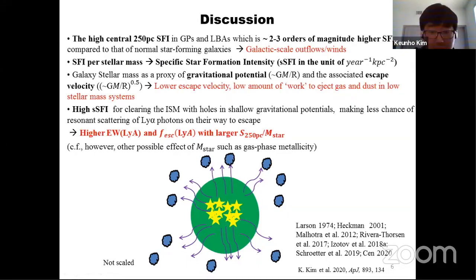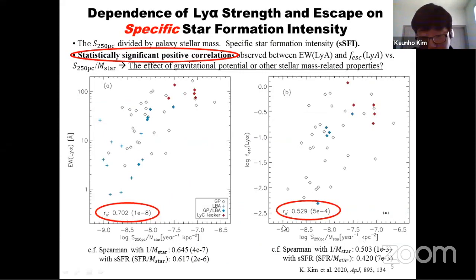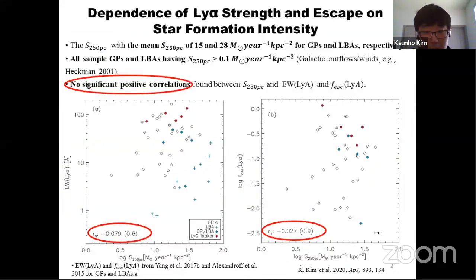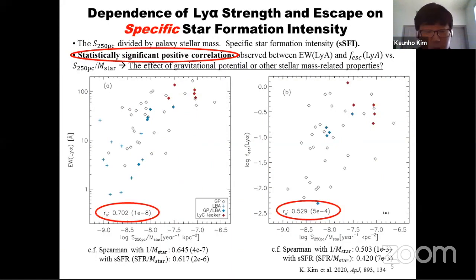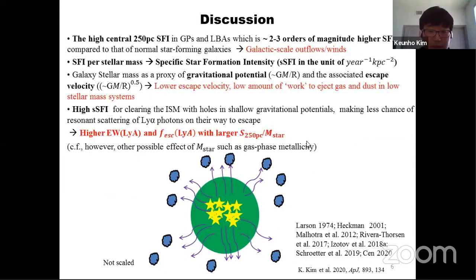But when we consider the dynamic range of this specific star formation intensity, for example, here from 10 to the minus 9 up to 10 to the minus 6.5, which is wider than just the gas phase metallicity range, we are more tempted to interpret this whole effect as likely caused by the linear Mstar effect, which is the gravitational potential. But we also note there could be some gas phase metallicity effect, but that is only within a depth, one depth.